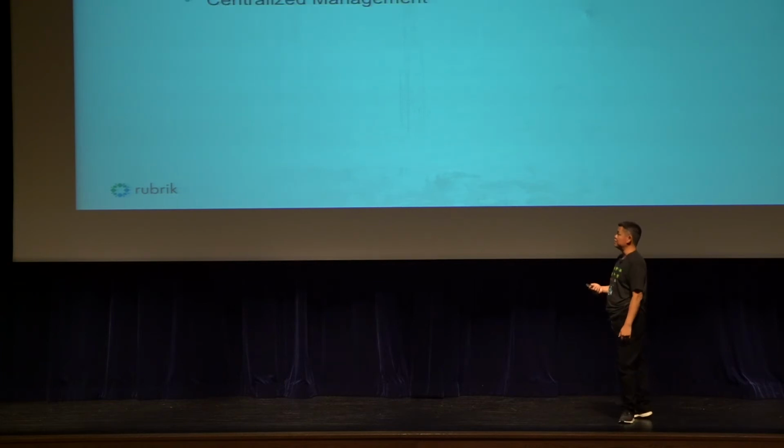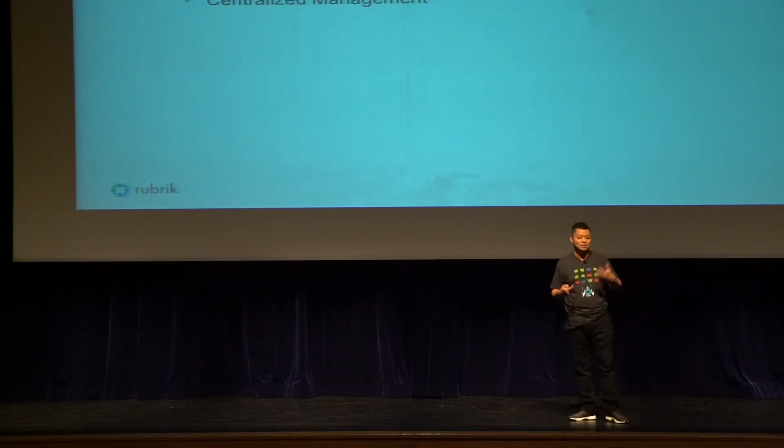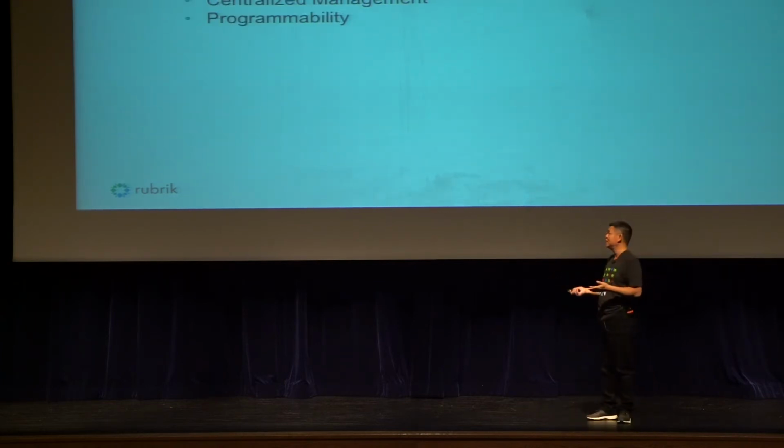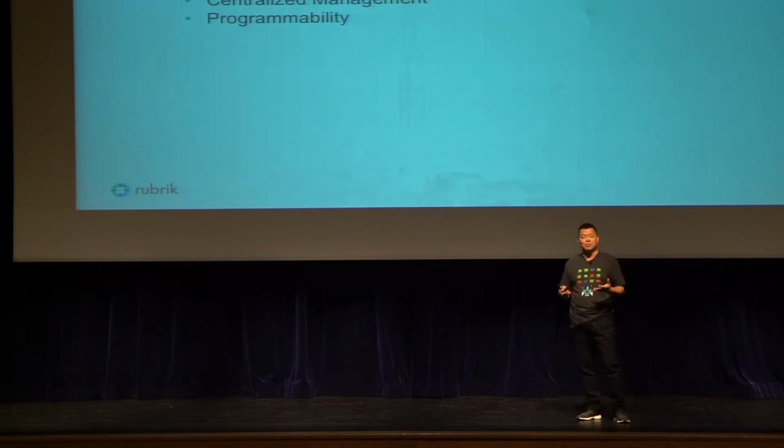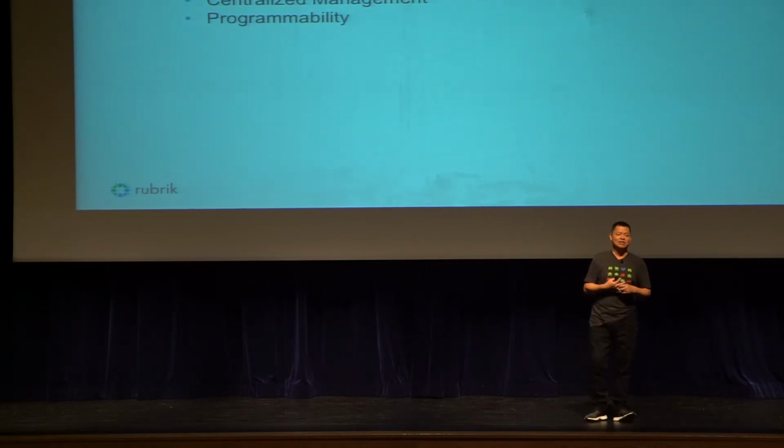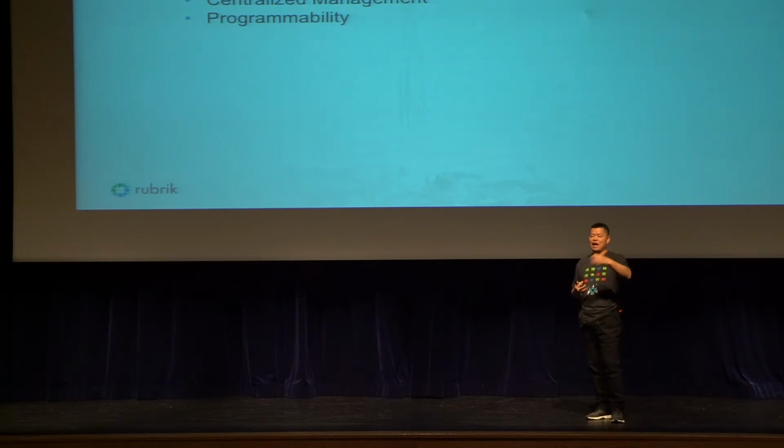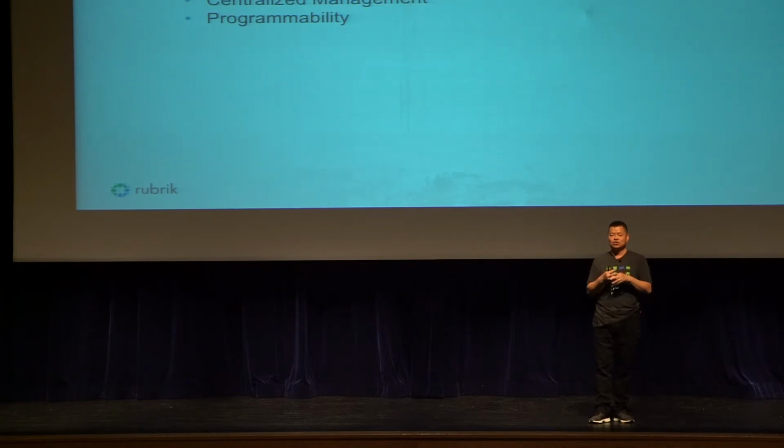So why SDN? Some of the benefits, again, we talked about centralized management, not having to manage one switch at a time. This idea of being able to program things. If you can program things, now all of a sudden, instead of having to change things manually every time, you can set rules and policies and say, based on certain types of traffic, switches will automatically, or the control plane will automatically tell its data plane devices to change the way they do flows and change the way traffic is shaped and moved.